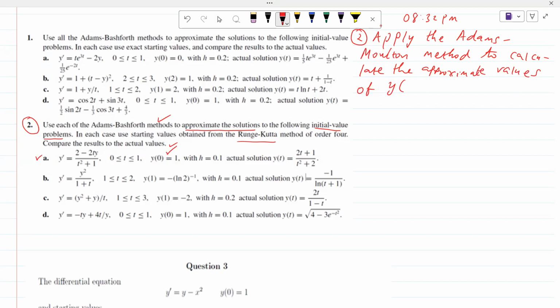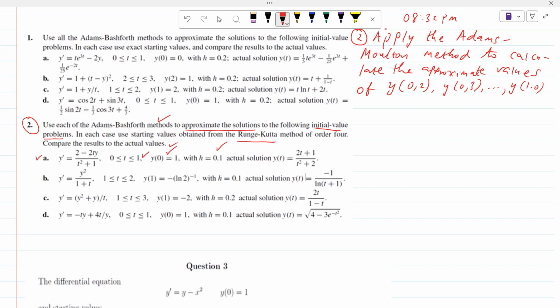So I'm going to demonstrate that, but at 0.2, for instance, you could do that. At 0.3, and this will go on and so on, and it should go on up to the largest value here, 1.0.